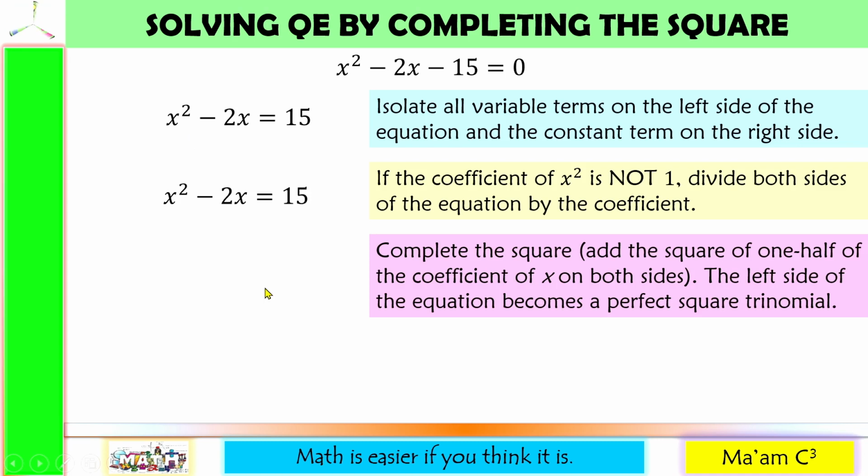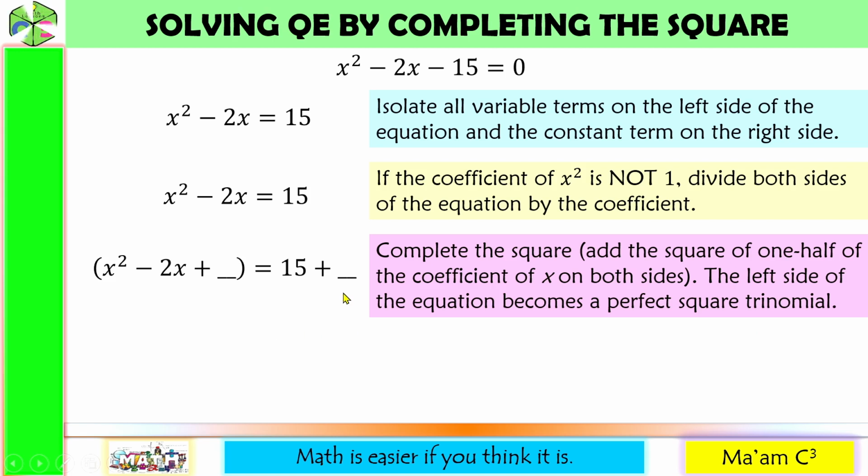How do we complete? You add the square of 1/2 of the coefficient of x on both sides. The left side of the equation becomes a perfect square trinomial. So let us prepare first where we are going to put the term that we are going to add.